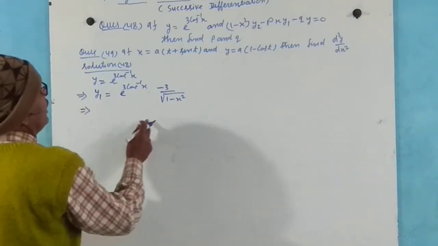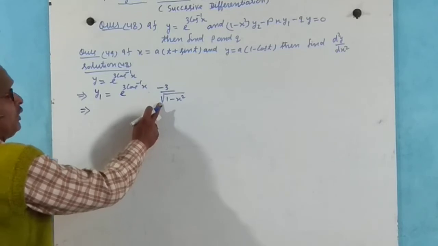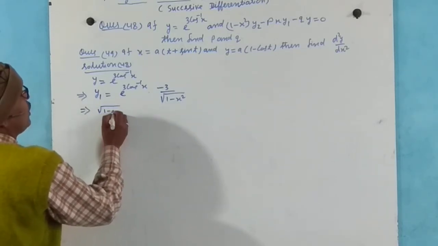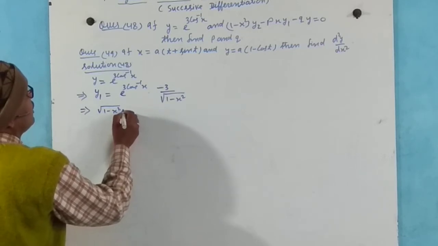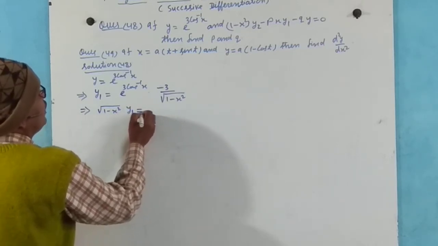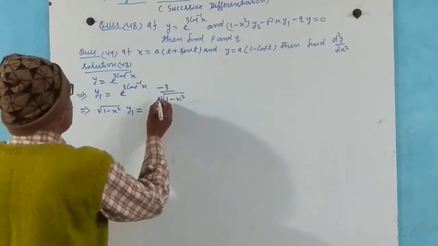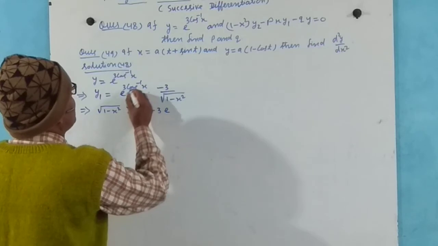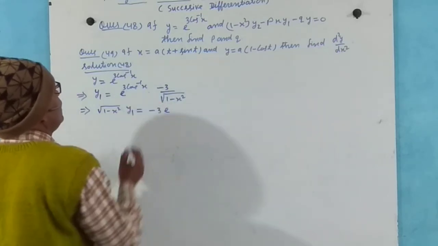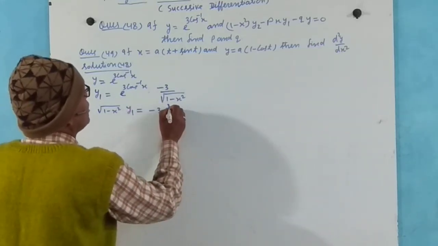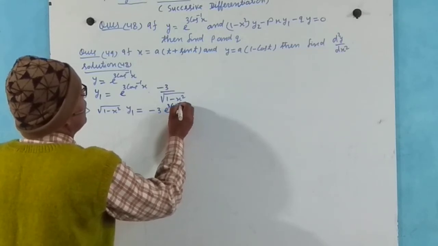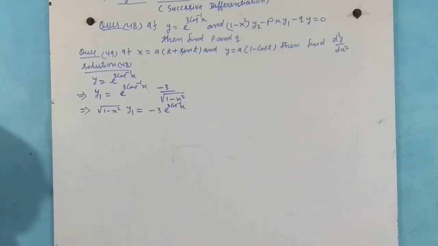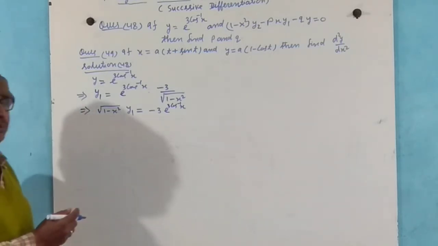This term in the denominator comes here, so under root 1 minus x square into y1 equal to minus 3 e to the power 3 cos inverse x.